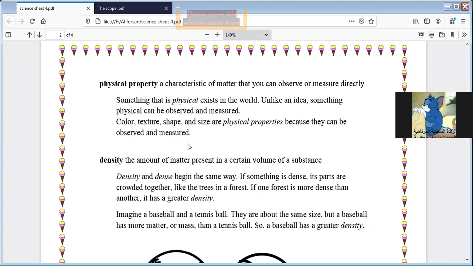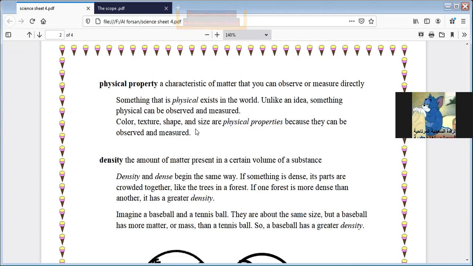Let's talk about an apple. What is its color? Red. But my apple is green, so it depends. What about the texture? It's smooth. The shape? Like an oval shape. You can say it's round, oval.